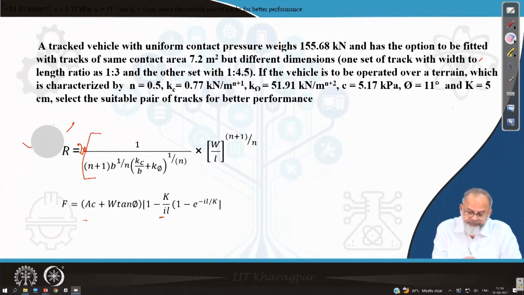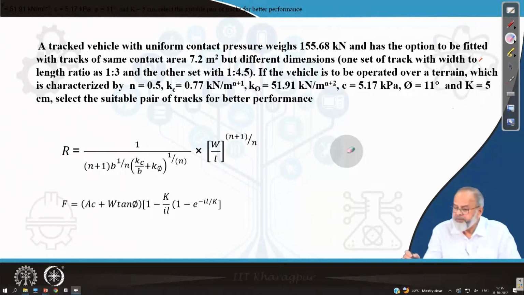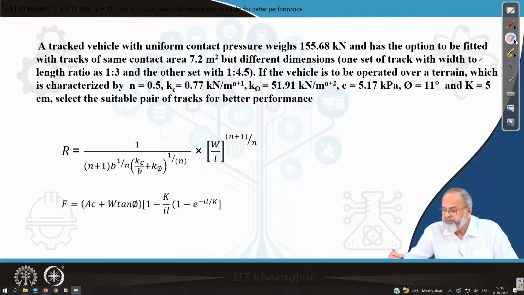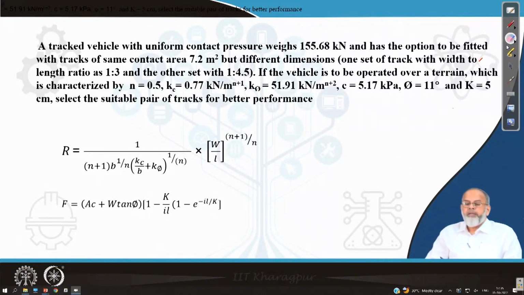So, I have solved 3 problems. One is related to utilizing the Brixius equation for finding out suitable tire size. The other one is related to finding the dynamic weight, how to utilize dynamic weight in the Brixius equation.